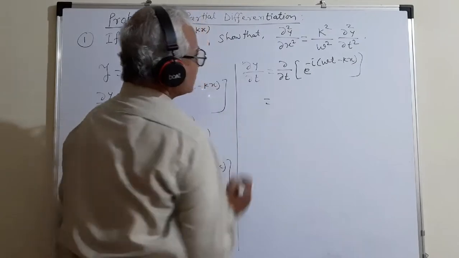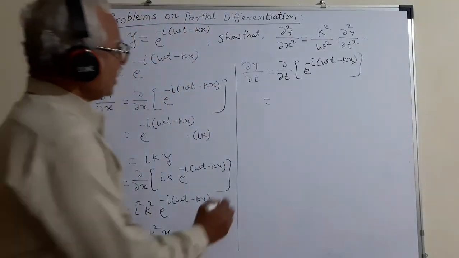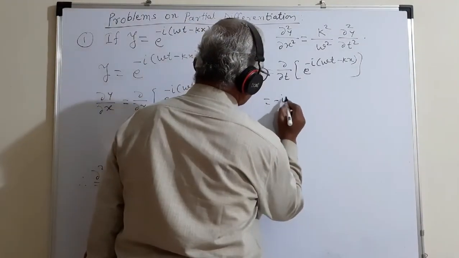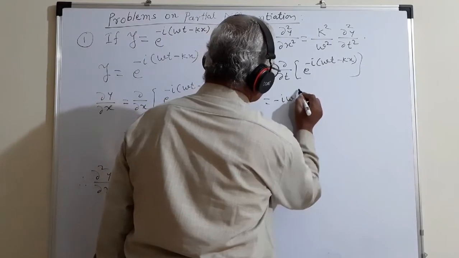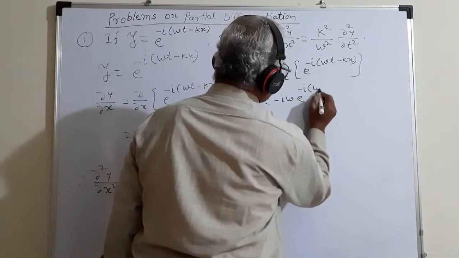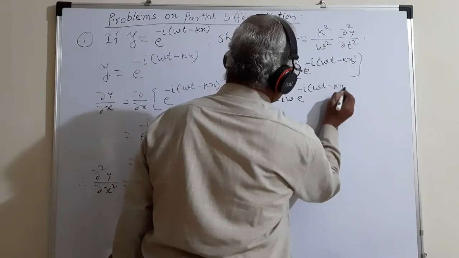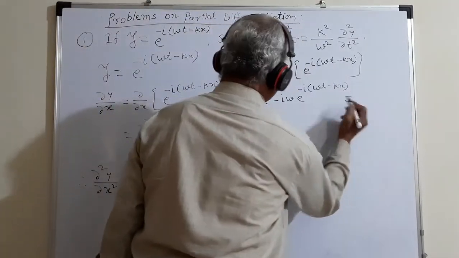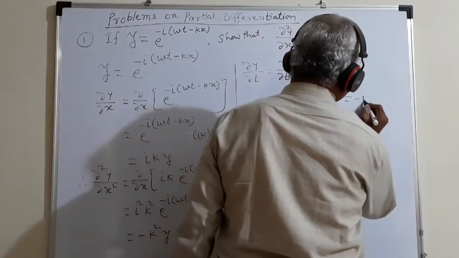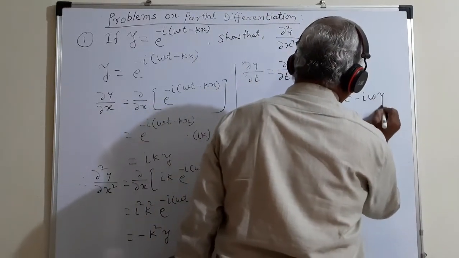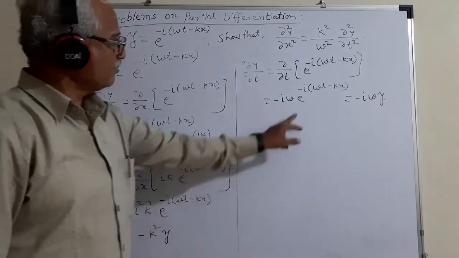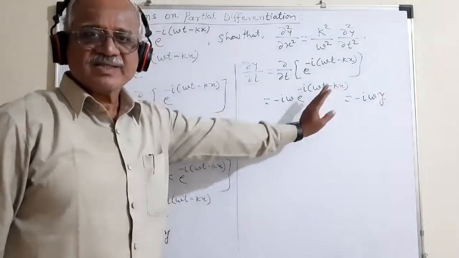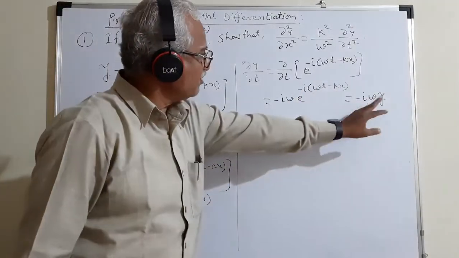So this gives minus i omega e raised to minus i into bracket omega t minus kx, or this is nothing but minus i omega y, since this term e raised to minus i omega t minus kx is nothing but y.